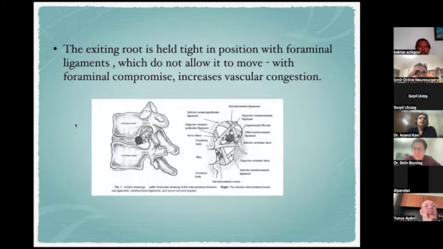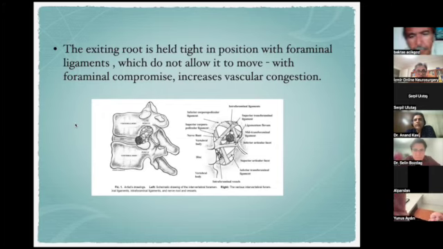Now, another thing which we need to understand is this exiting root is held very tightly in position with foraminal ligaments, and these ligaments do not allow it to move. Now, with foraminal compromise, there is increased vascular congestion. The venous circulation of this root gets compromised and there is swelling, and literally there forms an internal compartment syndrome.